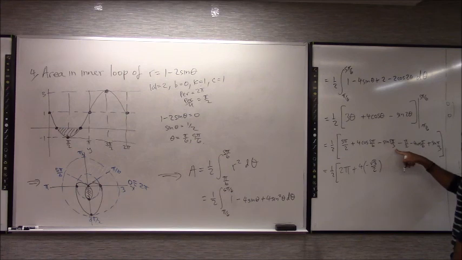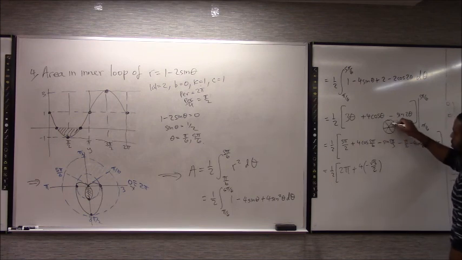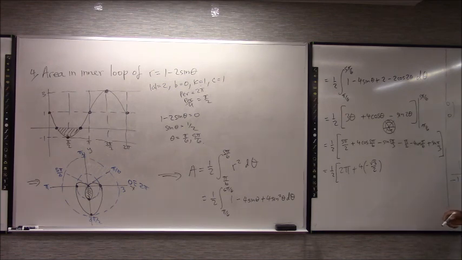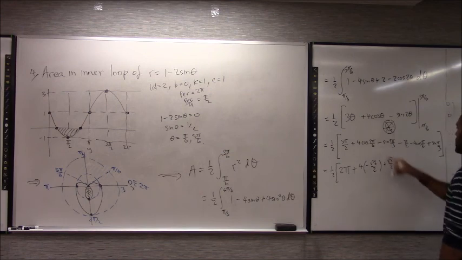Or the circle's like this, split into 3 parts. 1, 2, 3, 4, 5. We are in the 4th quadrant, so sine is negative. So that's going to become a positive radical 3 over 2 because of that negative. We already dealt with that guy.